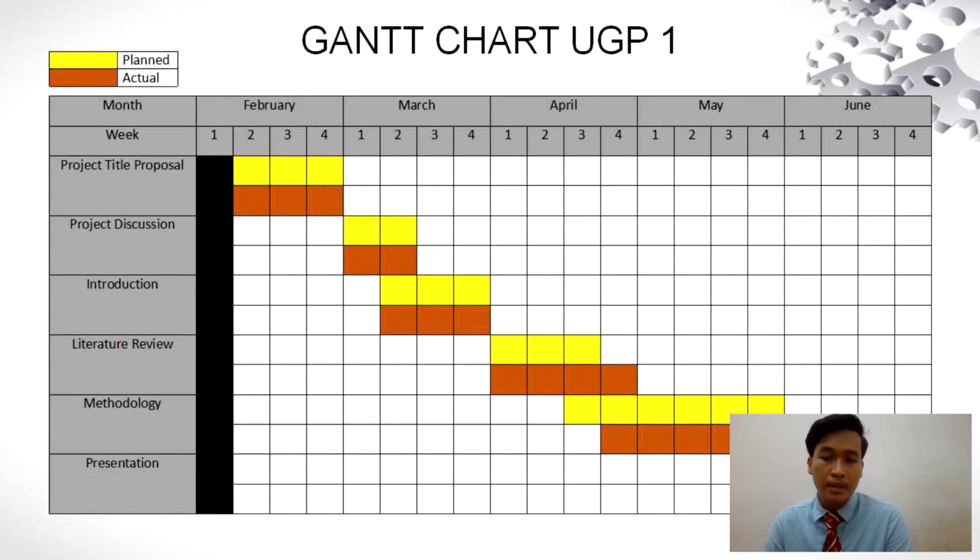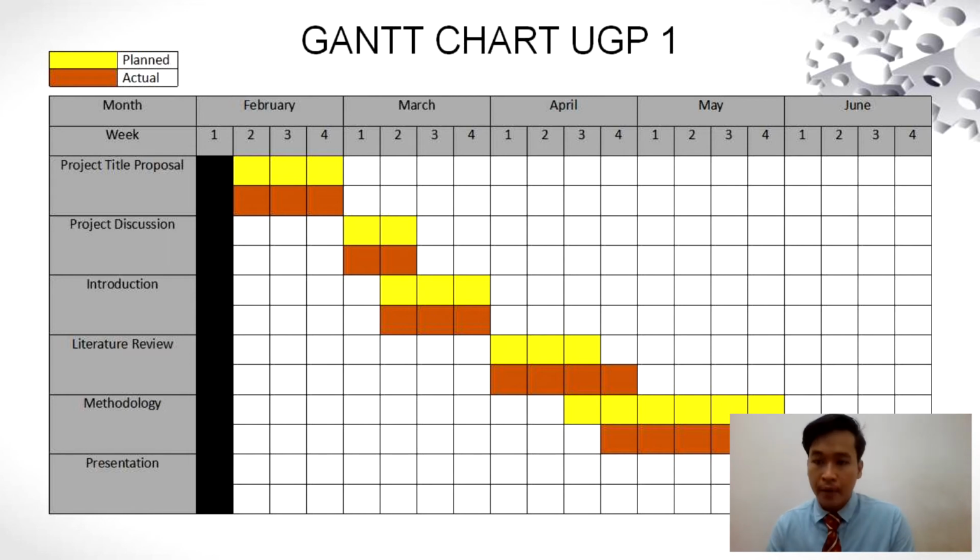Actually, there is quite a delay, with the literature review delayed by 1 week. Then the methodology becomes 5 weeks, not 6 weeks. And the presentation right now is 22 June, so in the 4th week of June.